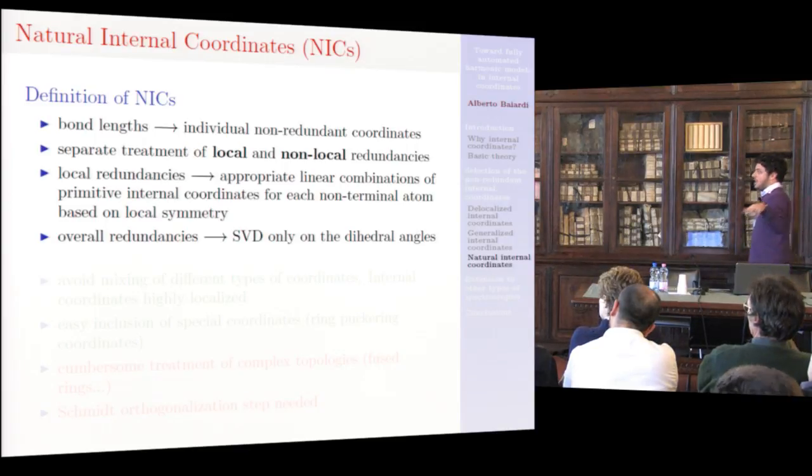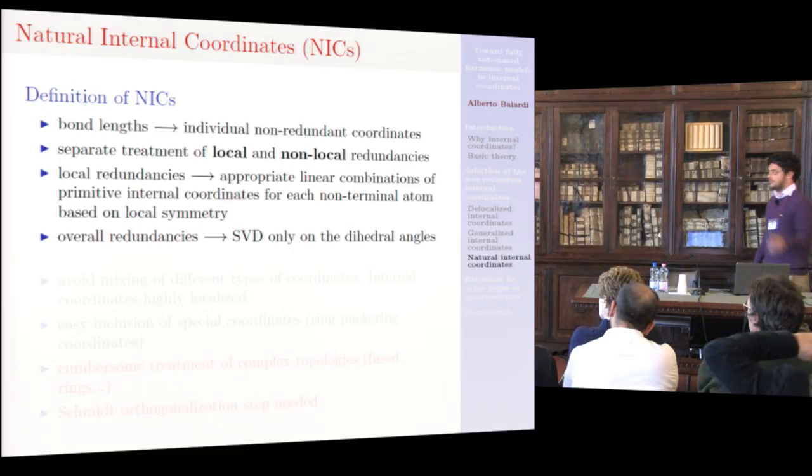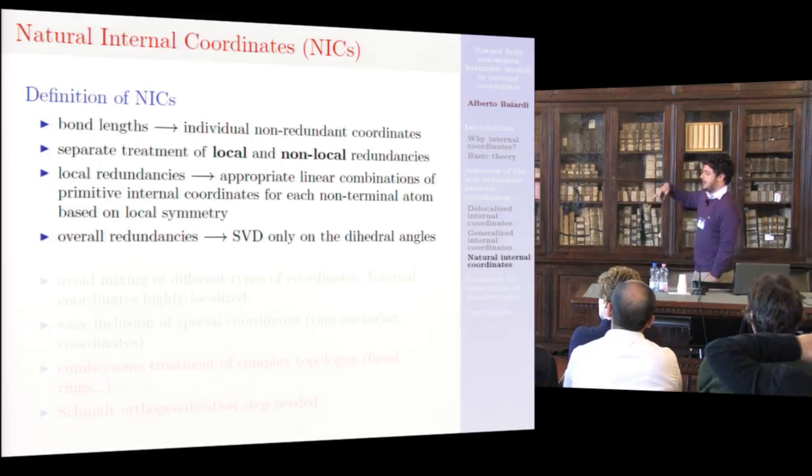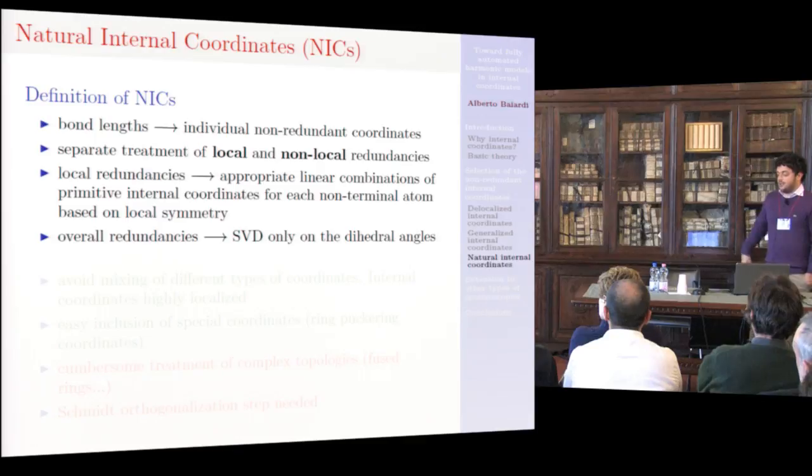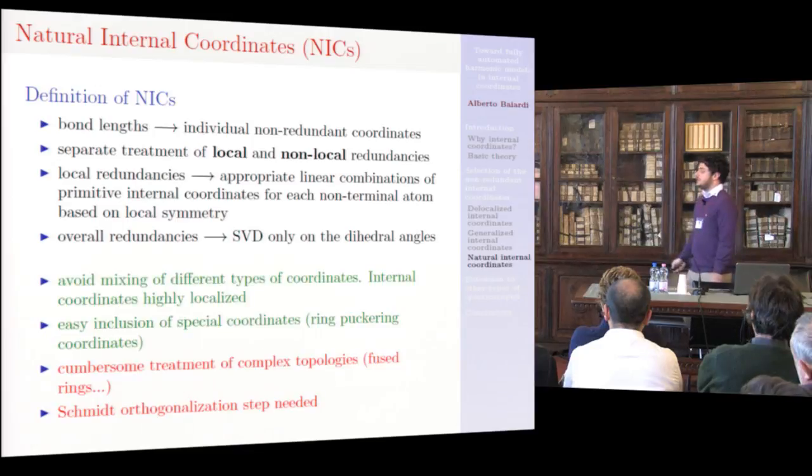For example, if you have a planar structure, you have to add an out-of-plane coordinate in order to let the planar structure move out of the plane. And finally, you perform just a singular value decomposition on the dihedral space in order to define the relative orientation of the non-terminal atoms.